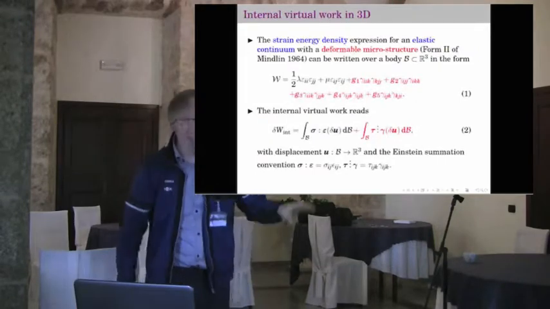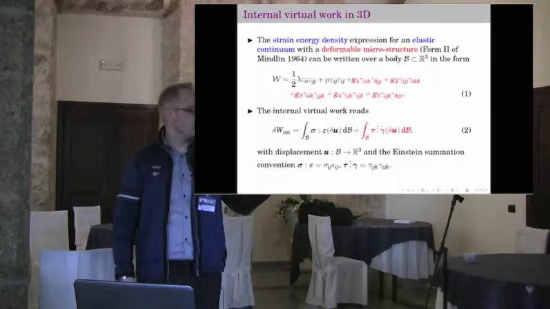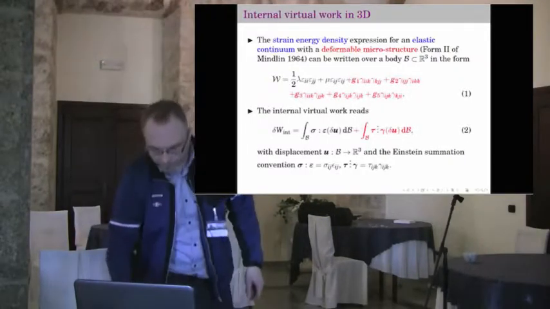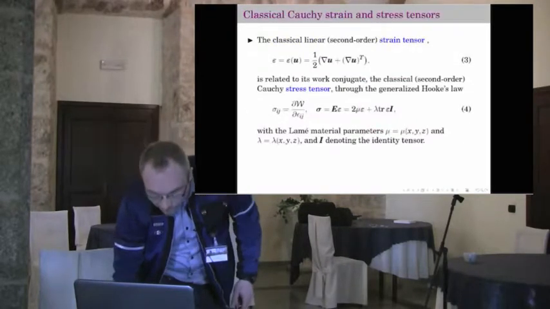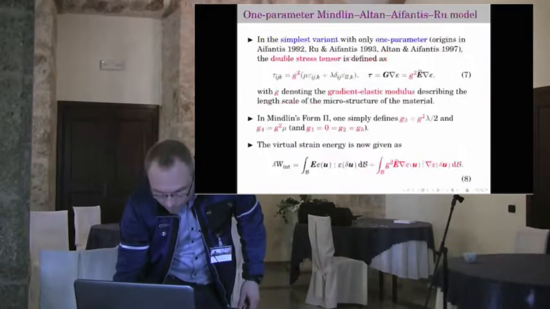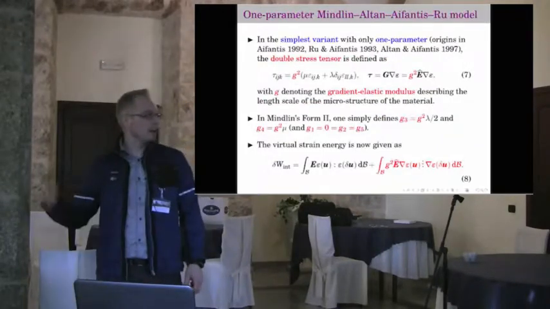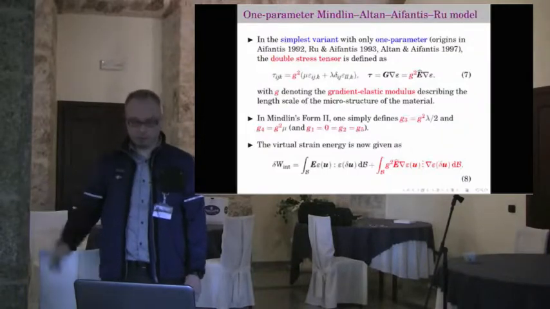Okay, and then I go very quickly through these basic things because everybody here knows this. So it's the Mindlin form 2 system that we are using. And then we use the Aalto-Niiranen approach, so only one parameter for simplicity. This is what we use.